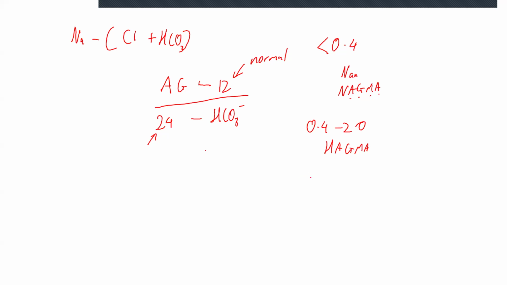Finally, if it's above 2, then first of all, you have a high anion gap metabolic acidosis. But the second thing is that even before that metabolic acidosis, there was a very high level of bicarb.